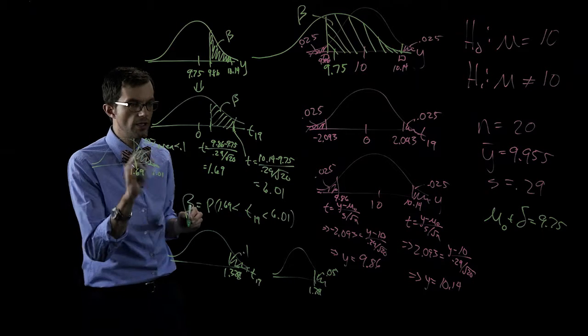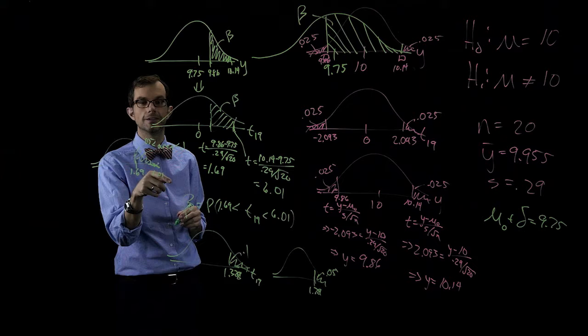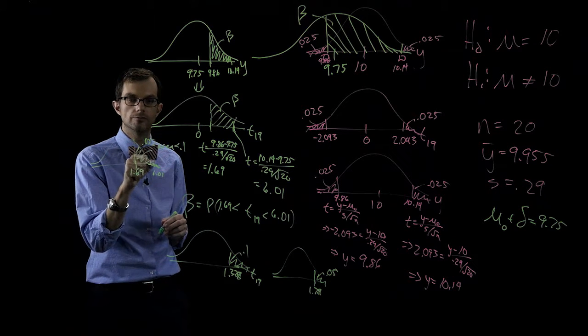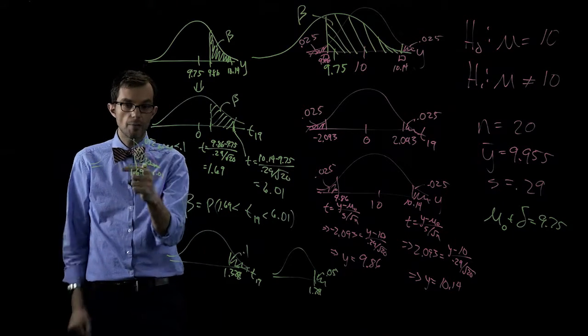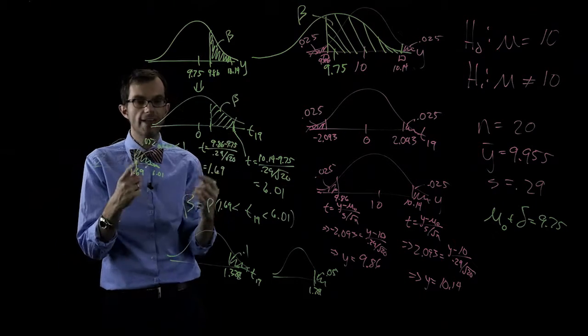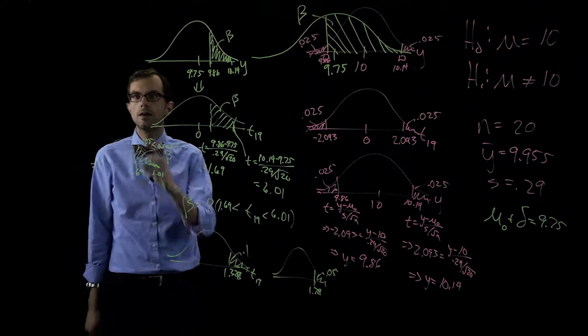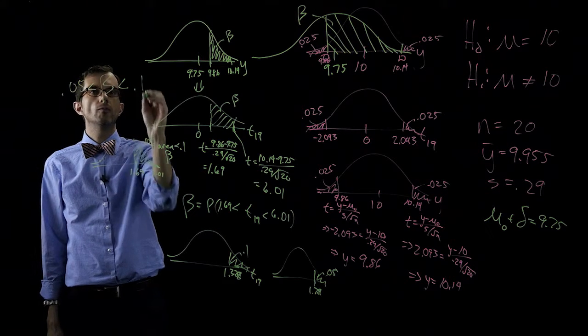This area right here is tiny. That's six standard deviations away from the mean. Very tiny area, negligible. That probability is 0. So this area above 1.69 is actually our beta. Beta lies between 0.05 and 0.1.